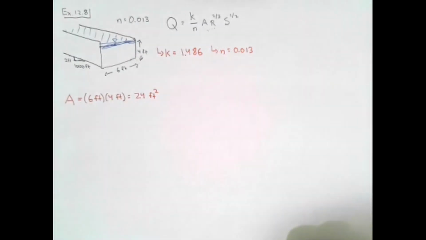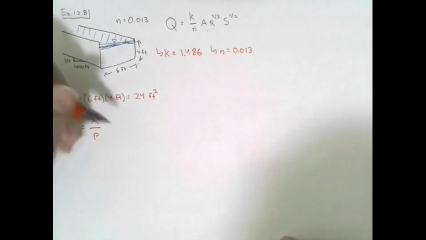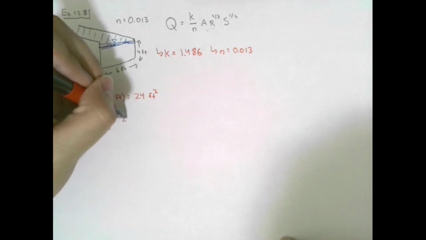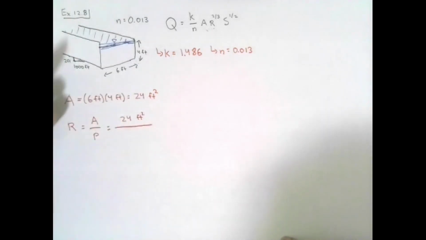Good. But now we turn to the hydraulic radius. We know the hydraulic radius is a ratio of the area to the wetted perimeter. We already know that the area is 24 feet squared. And as a recap, the wetted perimeter represents the portion of the cross section that's in contact with the channel.